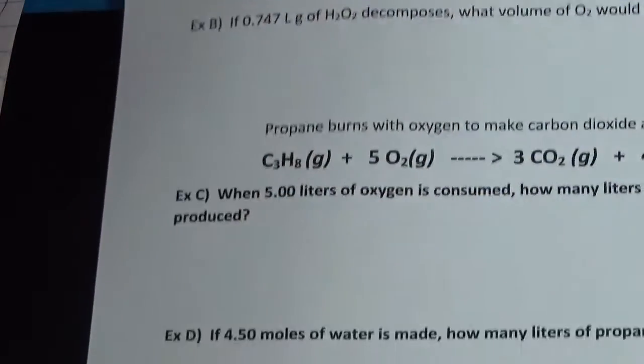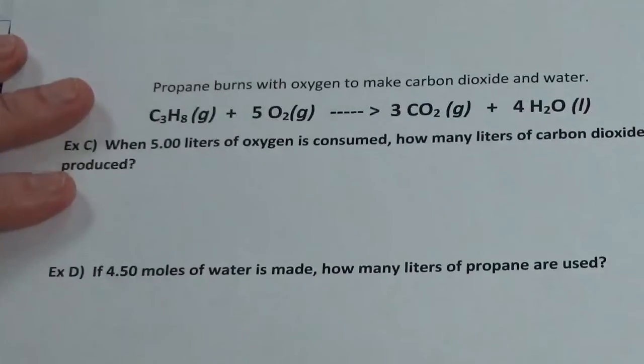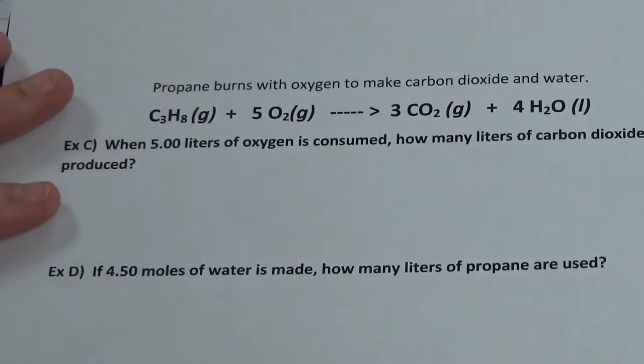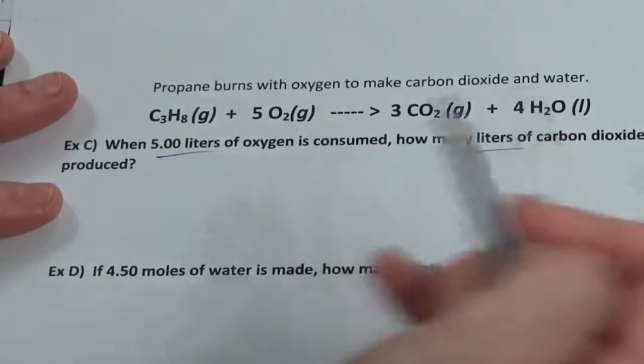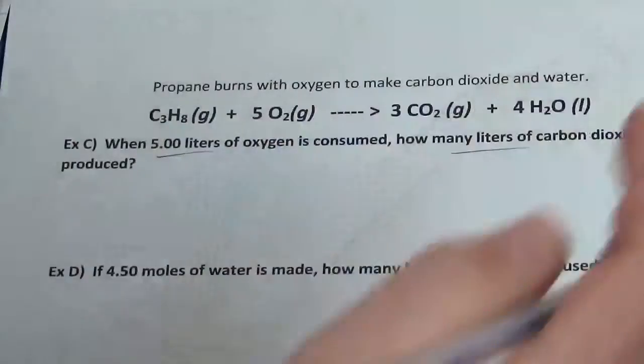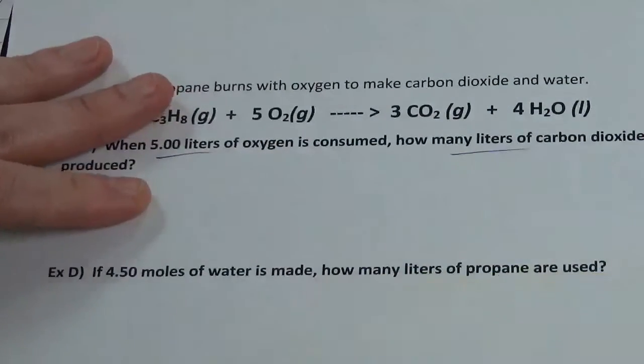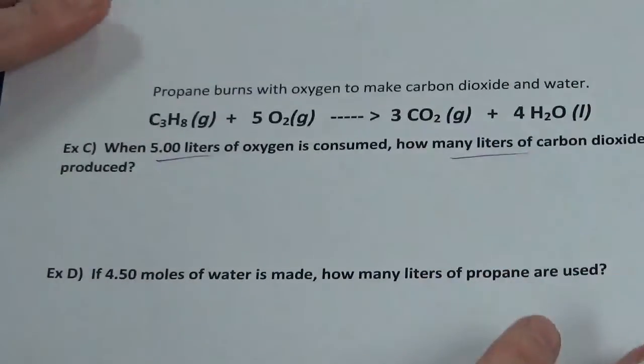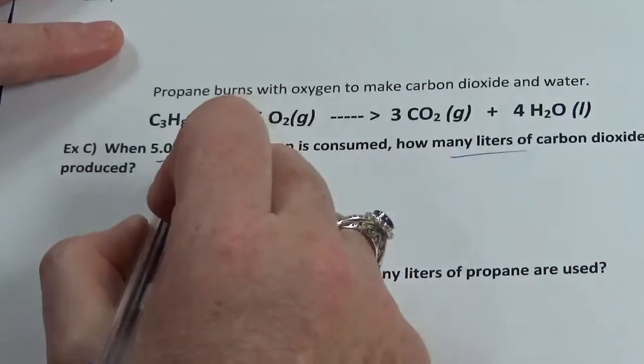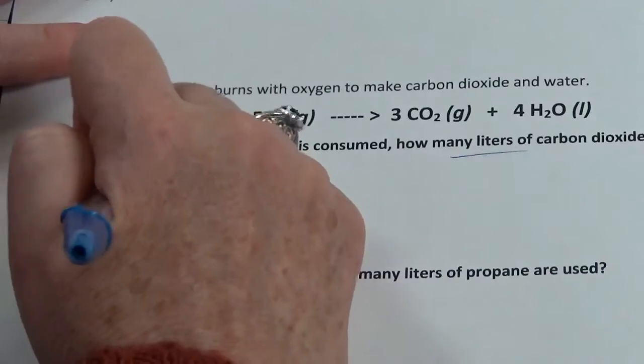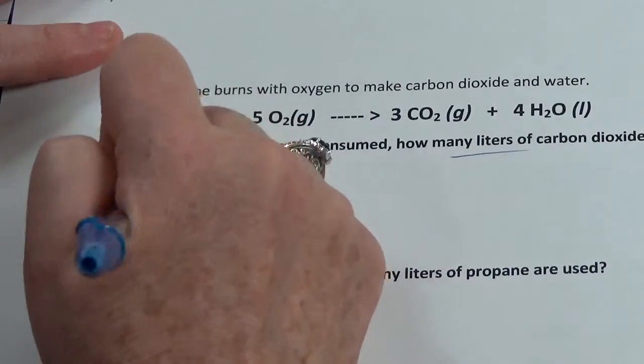Let's do a couple other questions that are different. Here I've got liters to liters. And I'm going to pretend this is just any old question using my foldable, even though I know of a couple faster ways we can do this. It says I have 5 liters of oxygen.